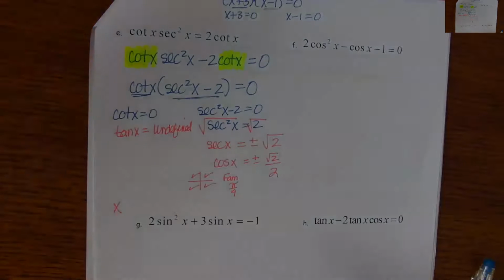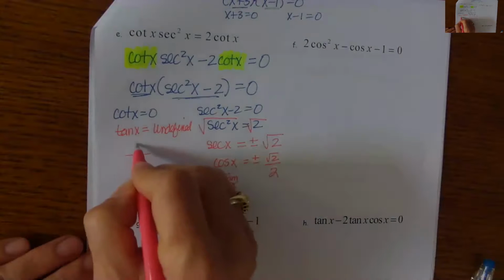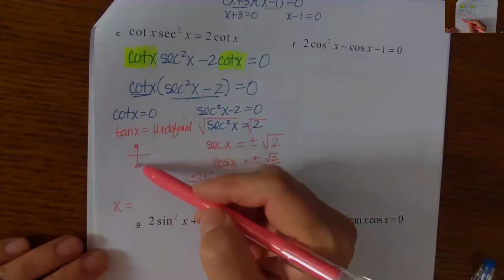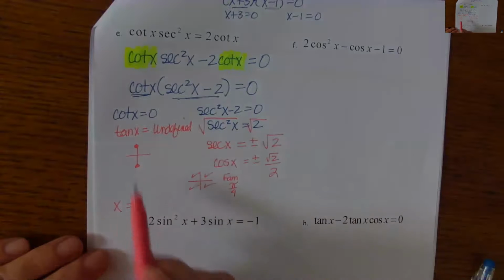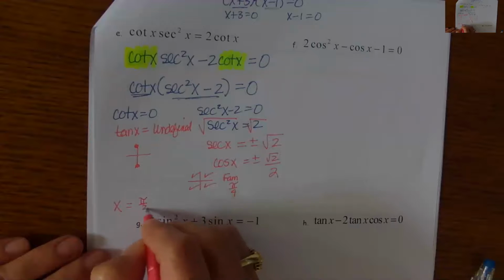So where am I going to get x's for this one? Where is tangent undefined? Here and here, right? Because tangent means slope, and the slope of this line is undefined. Tangent would be 0 here because the slope of that line is 0, right? So it's pi over 2, 3 pi over 2.